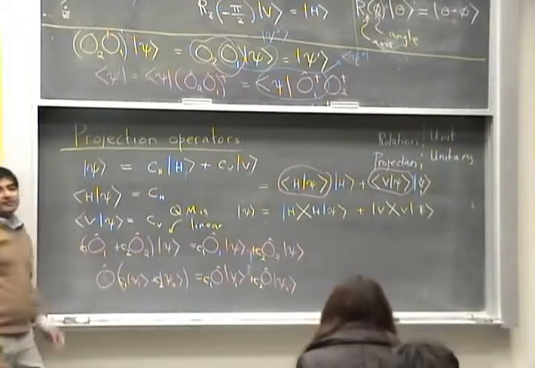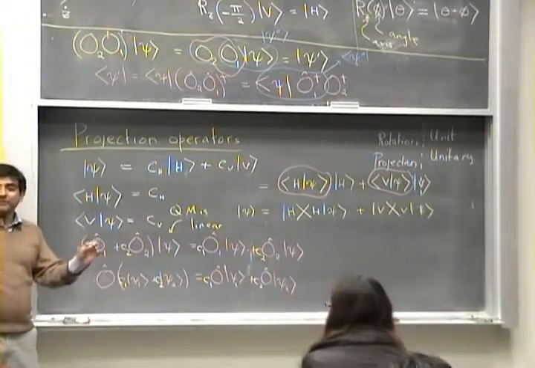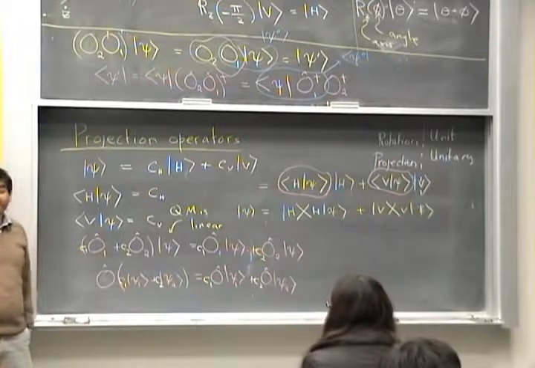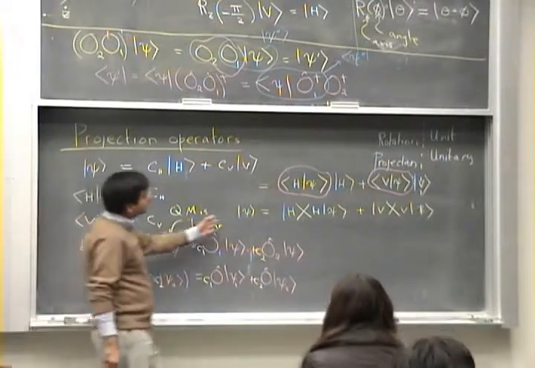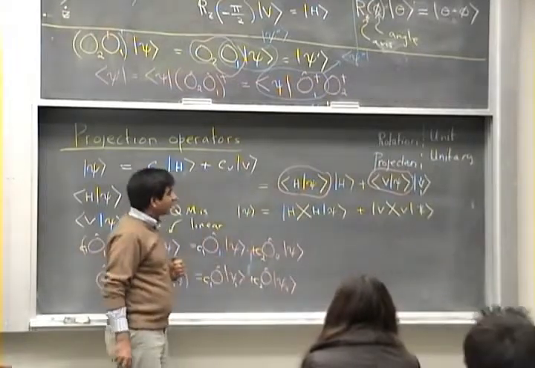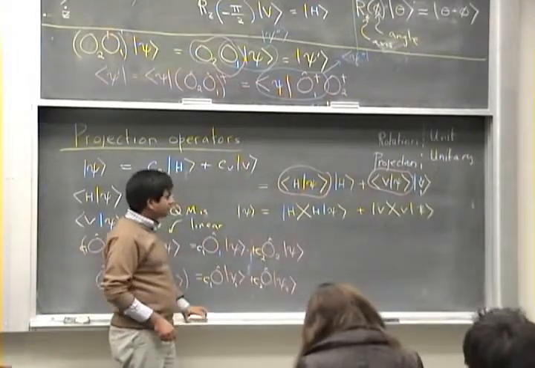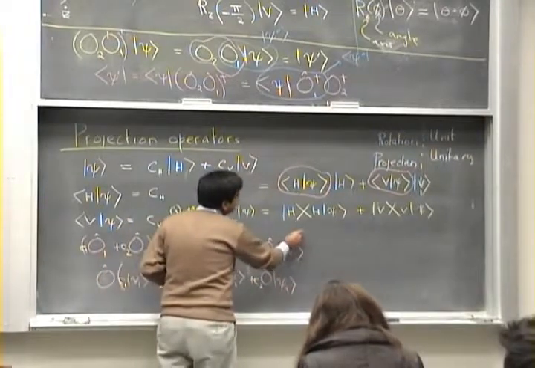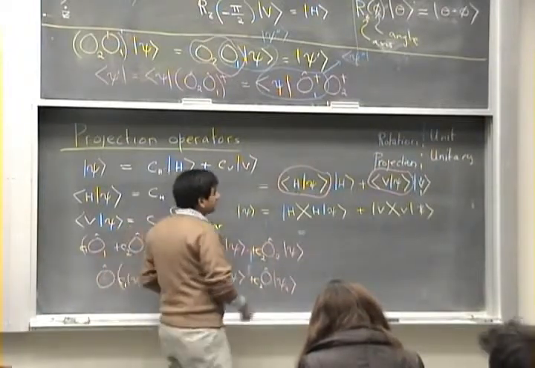However, remember that operators don't commute. You cannot reverse the order of the multiplication, but you can reverse the order of the addition. Now, if you look at this expression, you can play another trick, and this is the power of the Dirac notation. You can write this as the following.